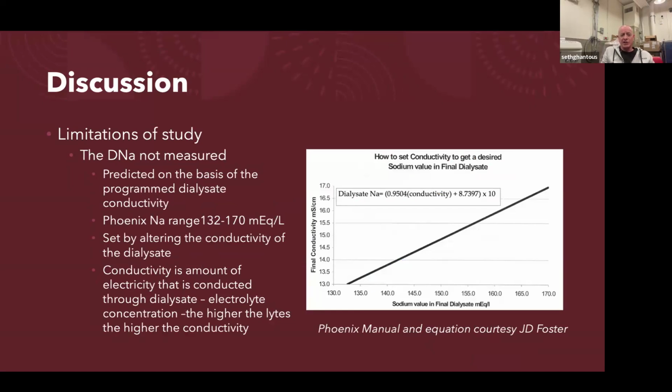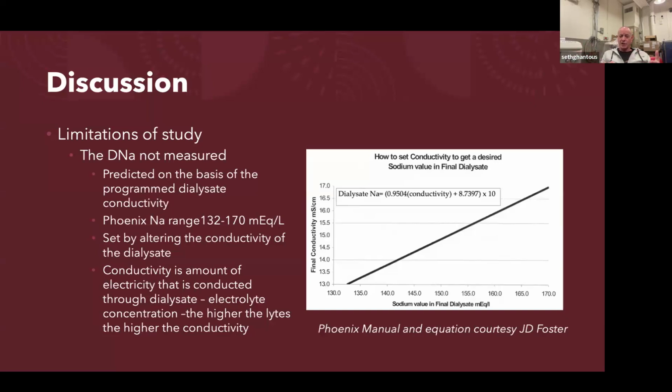Another potential limitation of the study was that the dialysis sodium was not measured. It was predicted on the basis of the programmed dialysate conductivity. The Phoenix has a range of sodium that it can make in its dialysate from 132 up to 170, and I guess this is set by altering the conductivity of the dialysate.